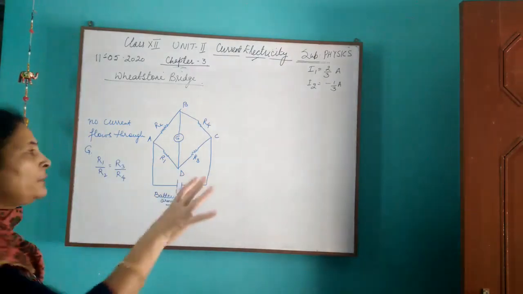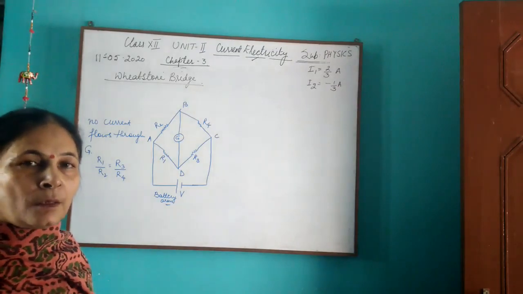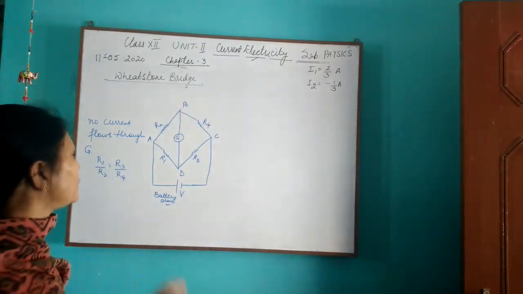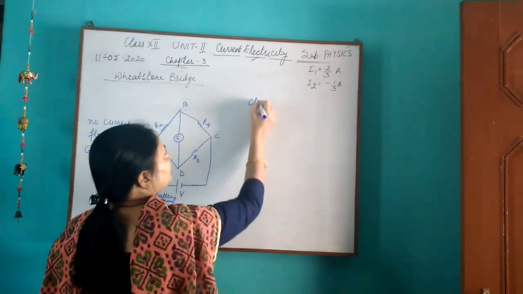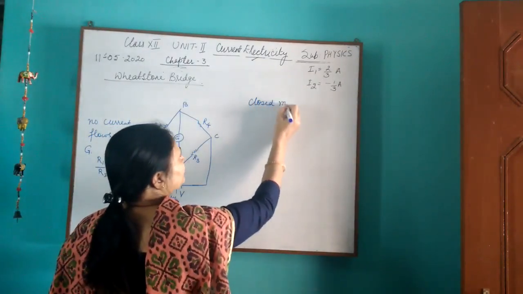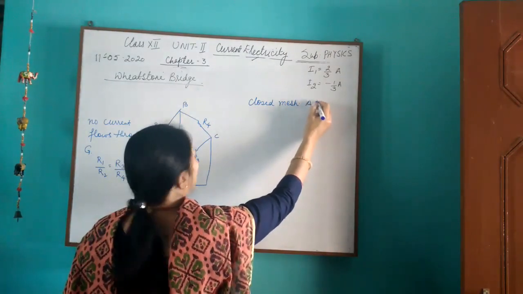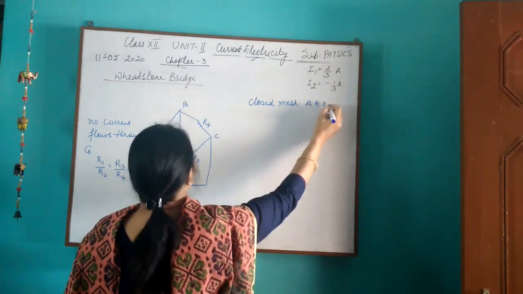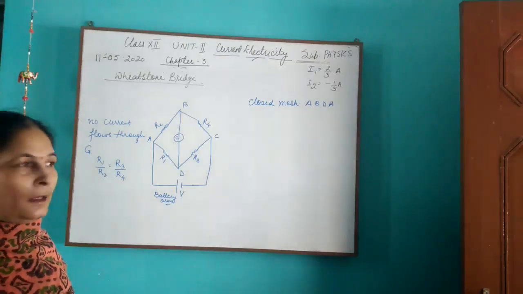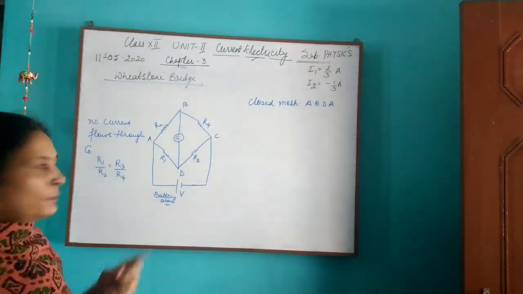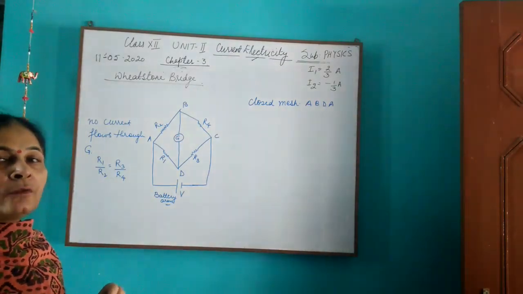So first we will take two closed circuits and write the equations using Kirchhoff's laws. Let us consider the closed mesh A, B, D and A. I have given you the circuit diagram; the second step is to draw the direction of currents.